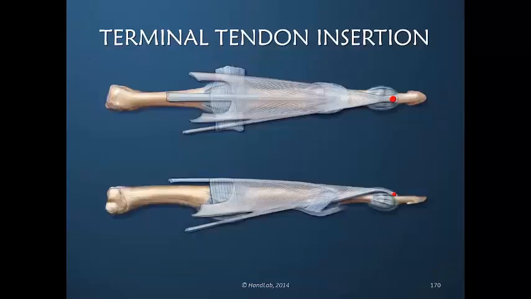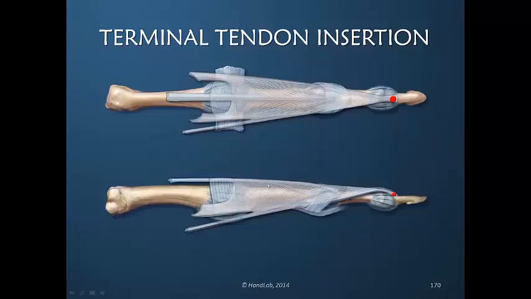The terminal tendon insertion receives all the power of the dorsal apparatus. One would think that this is a terrific amount of power because it's a gathering up of all the fibers within the dorsal apparatus. But let's go back to when we looked at the insertion at the sagittal band, proximal phalanx, central slip insertion.